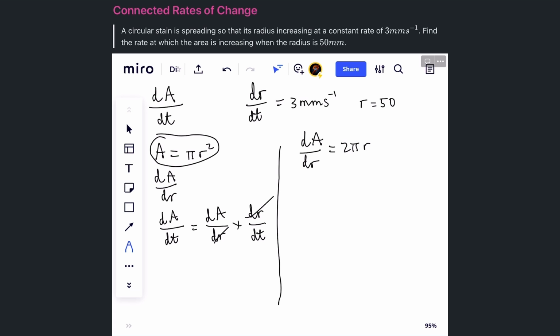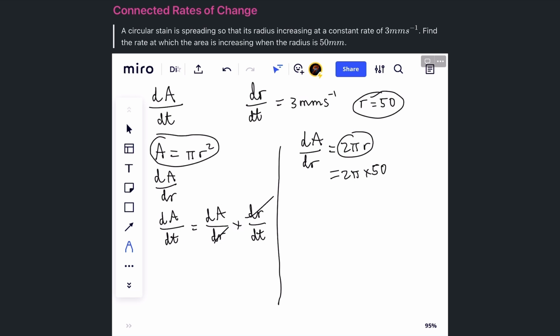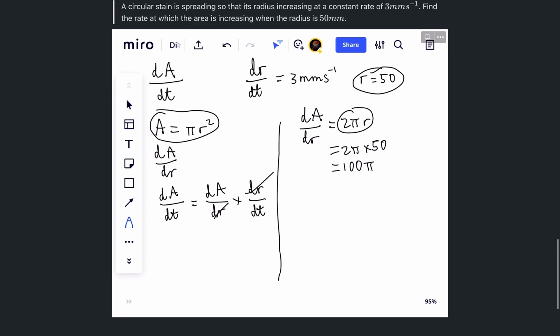To get a number for dA over dr, instead of leaving it in terms of r, you take the original value of r and substitute it in. So you have 2 pi times 50, which is 100 pi. That's your dA over dr.